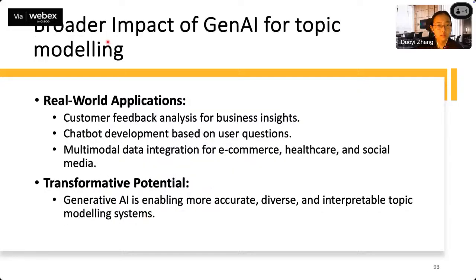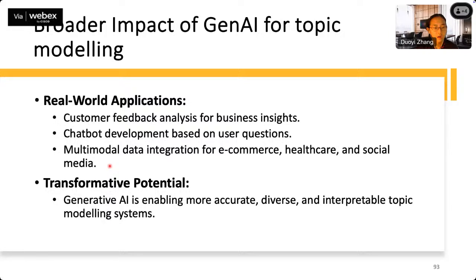So Gen AI for topic modeling could potentially have a broader impact in real world scenarios. So in real world applications, it could be applied to customer feedback analysis for business insights. It can be used to build chatbots, to generate some user questions.